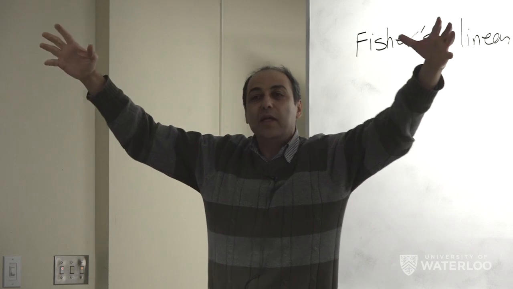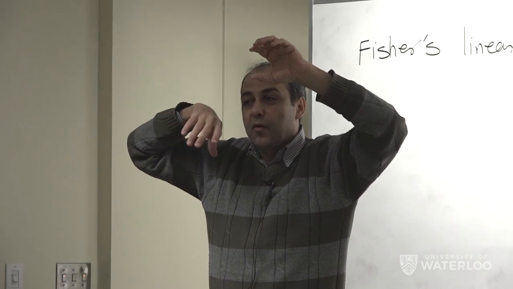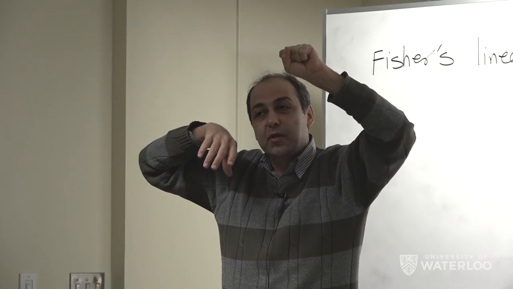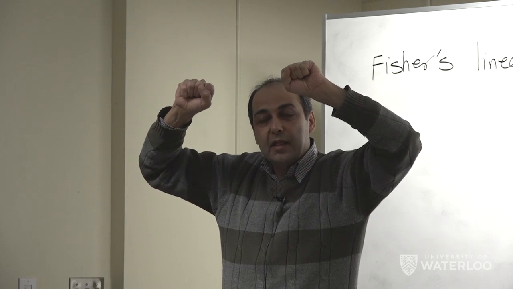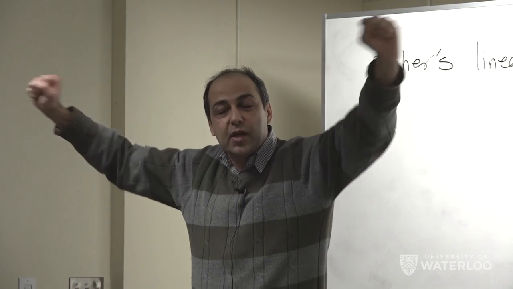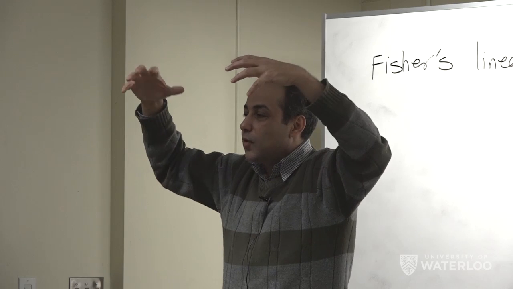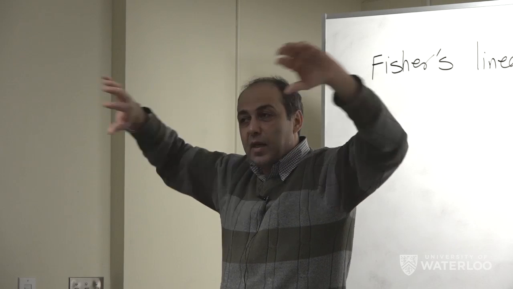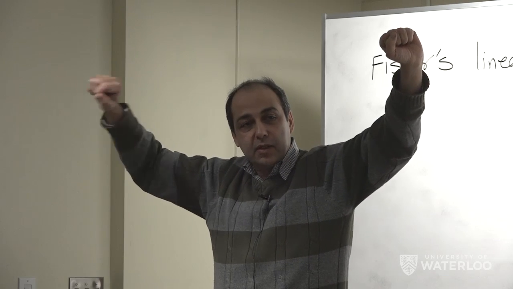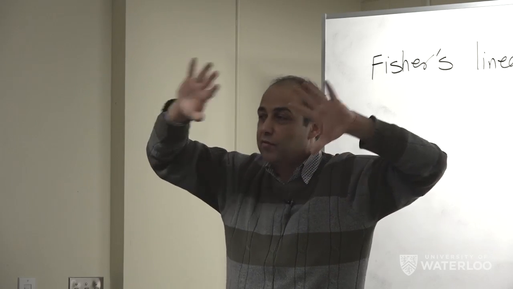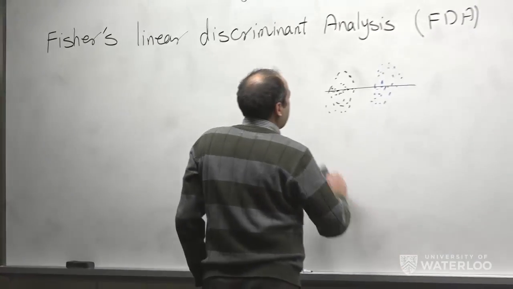Okay? That would be an ideal case. If I have a projection which collapses all of the points in this class, collapses all of the points in this class, and takes these 2 points as far apart as possible, that would be the best scenario for classification. I make maximum distinction between these 2 clouds of data, and then I can feed it to a classifier and do a good job. That's what we want to do with FDA.